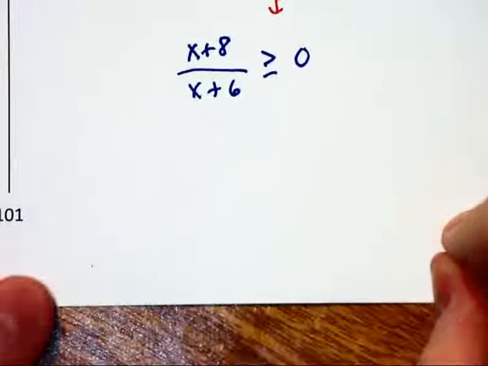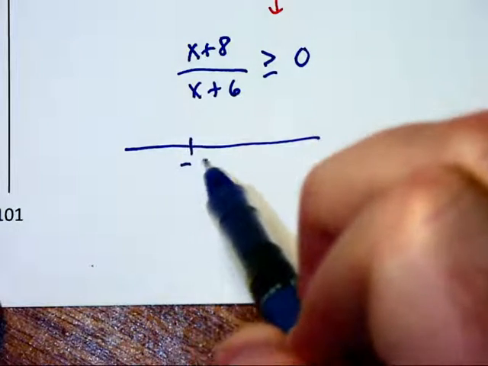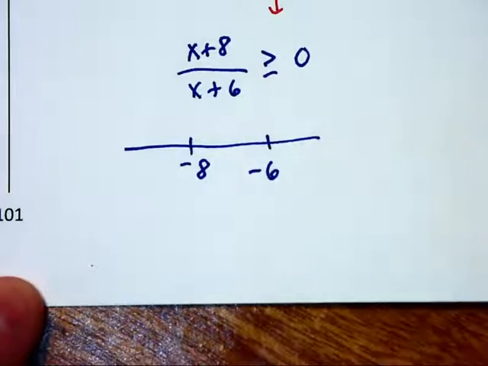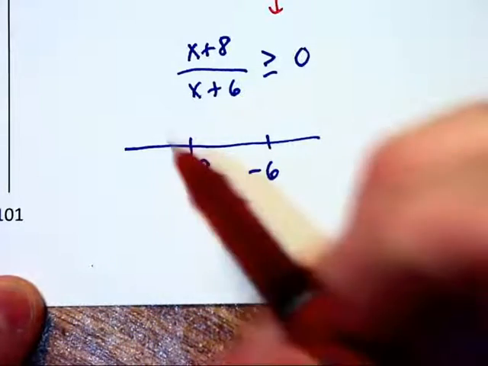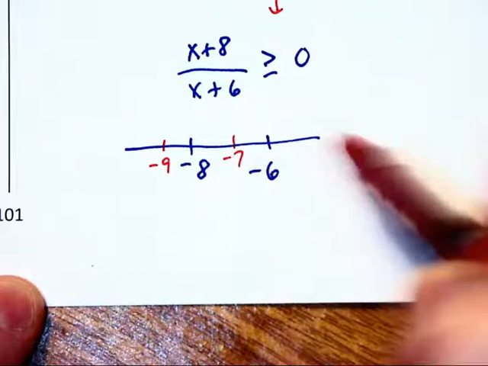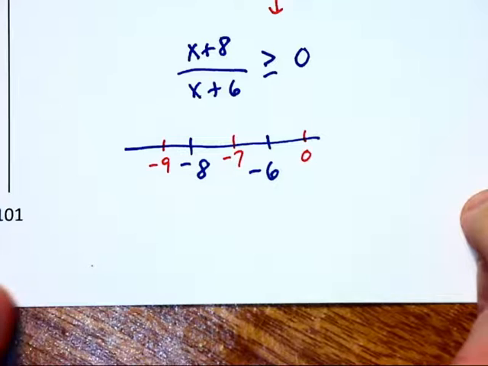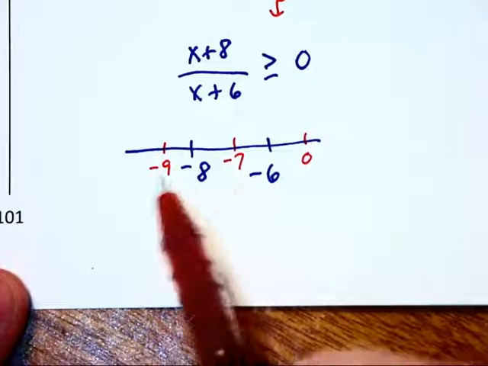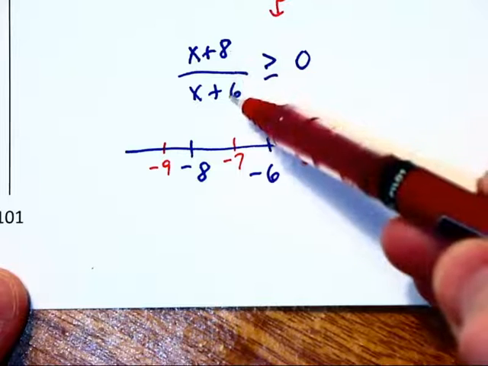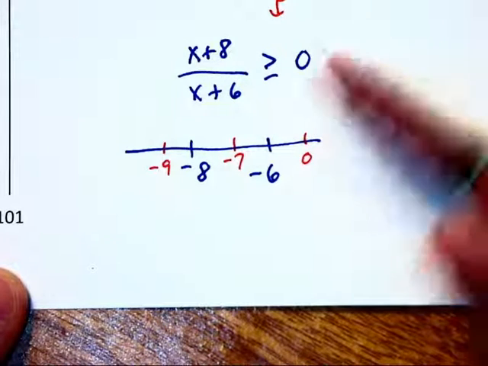We now have critical values at negative 8 and negative 6, which we can now start to analyze. I will choose negative 9 on the left, negative 7 in the middle, and 0 on the right as my test values. When I substitute negative 9 in, the numerator and denominator are both negative, and when I divide negative divided by negative, I do get something that is greater than or equal to 0.